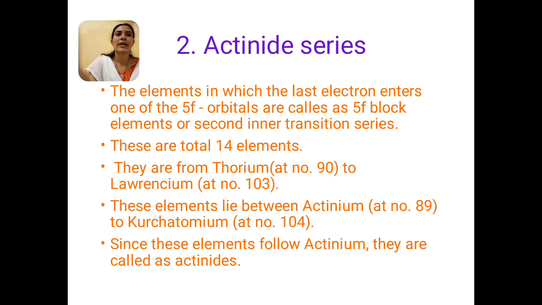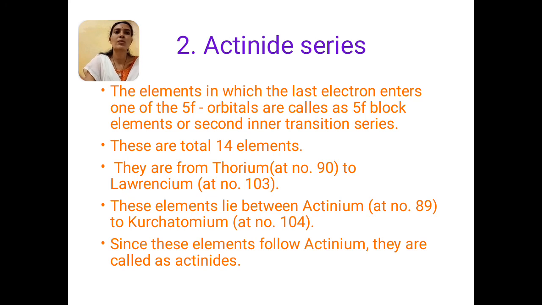Second series is actinide series. The elements in which the last electron enters one of the 5f orbitals are called as 5f block elements or second inner transition series or actinide series, because the last electron of the particular element enters into 5f orbital.